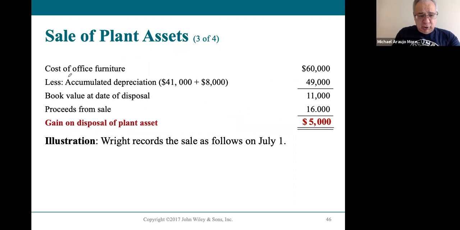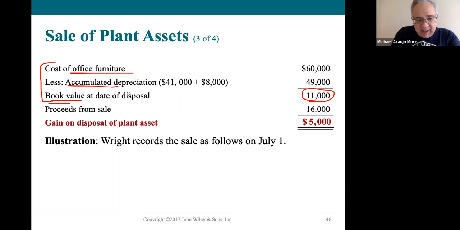So let me just go to this information here from a company that had office furniture on their books. They had office furniture for $60,000. That's the asset. They had accumulated depreciation on that furniture of $49,000. So that means on the balance sheet, the book value of the furniture was $11,000.